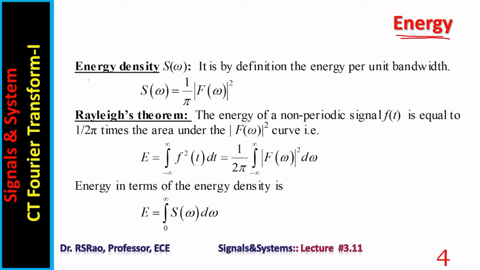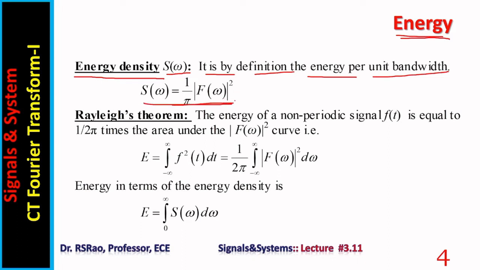We first define a quantity, energy density. It is indicated by S of omega. It is, by definition, the energy per unit bandwidth. It can be shown S of omega is equal to 1 by pi times the magnitude of F of omega squared, this relation.